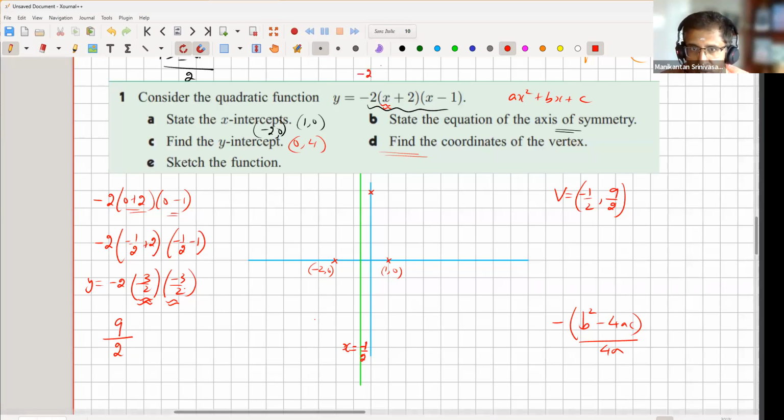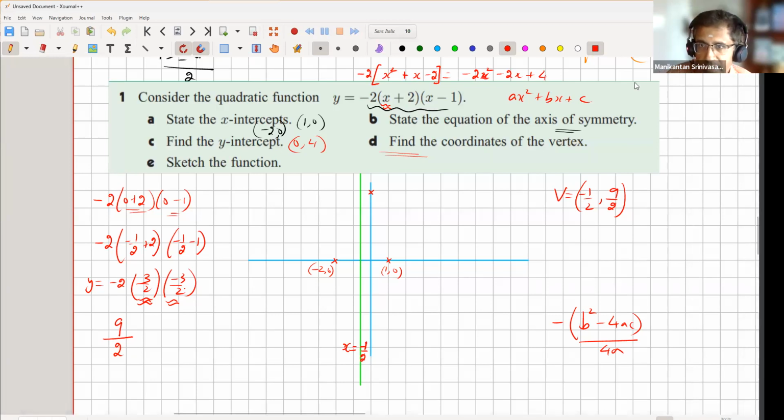When I do that, it's -2 times (x plus 2) times (x minus 1), which is x square plus 2x minus 1x, so becomes plus x minus 2, which means it's -2x square minus 2x plus 4. Now in this, if you apply minus of b square minus 4ac by 4a, you should get the exact same answer.